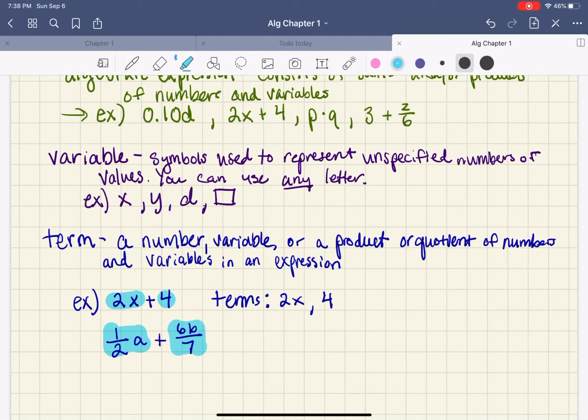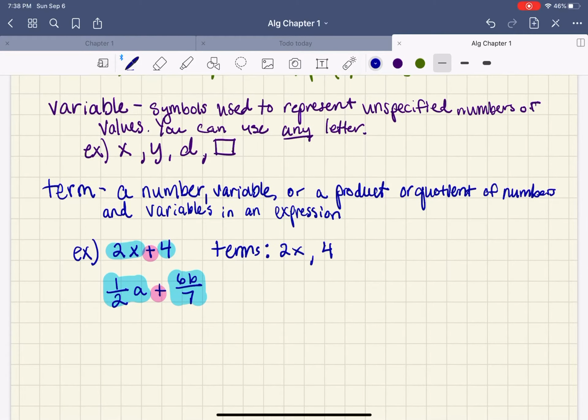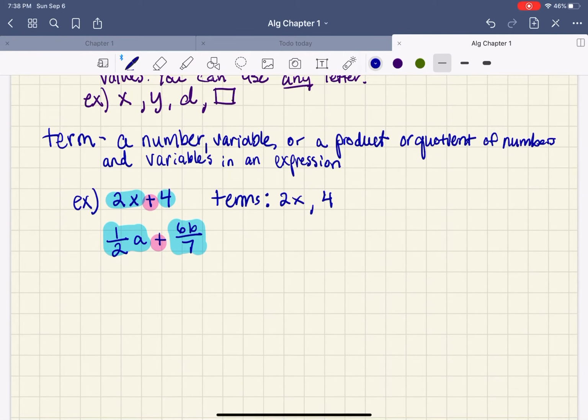So what you might notice is that you've got these addition signs. It's basically going to be, the terms are the pieces that are broken up by the addition and subtraction. Hopefully that's not too misleading. All right, these are terms.